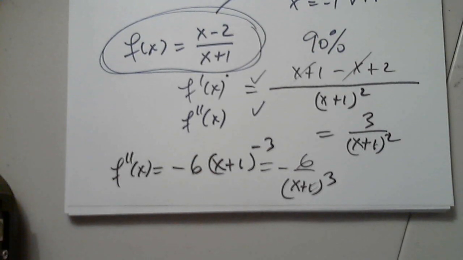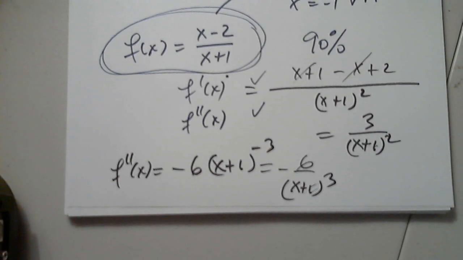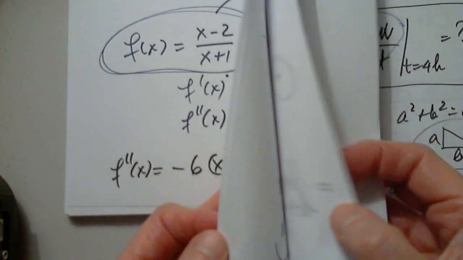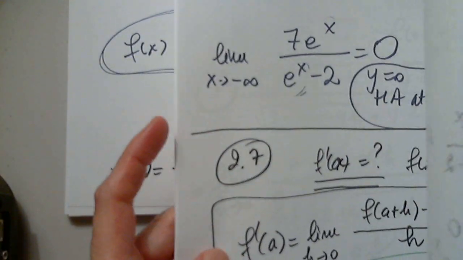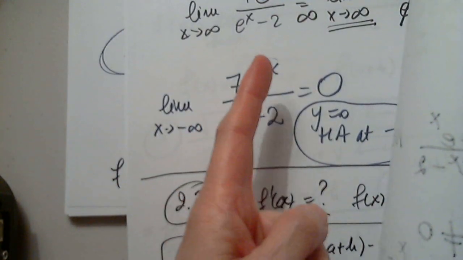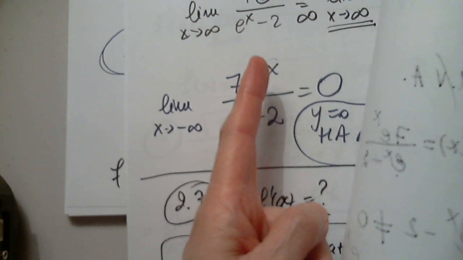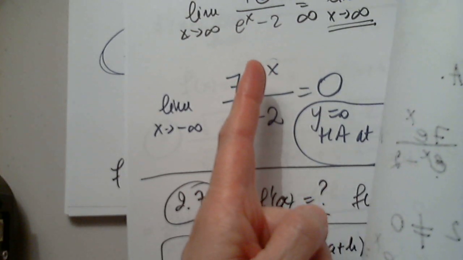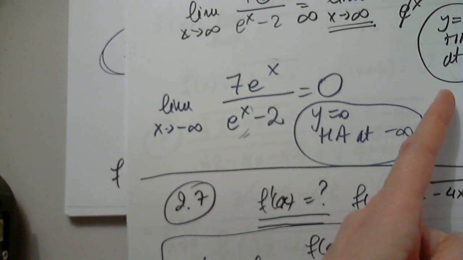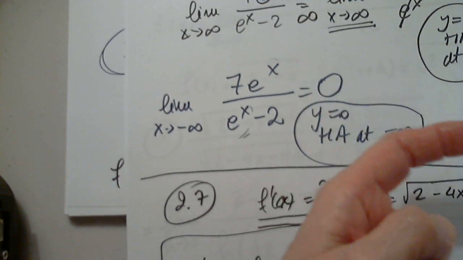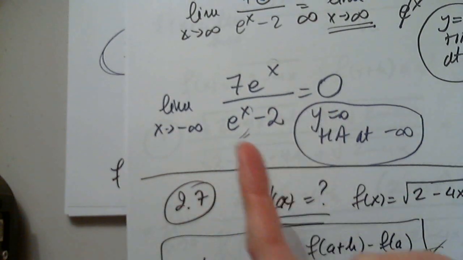And you don't have to show both limits like we had a few minutes ago. That was a sophisticated situation with that e to the x. This is a sophisticated function. It's not a pure rational. And you saw it has y equals 7 horizontal asymptote at infinity, and y equals 0 at -infinity.